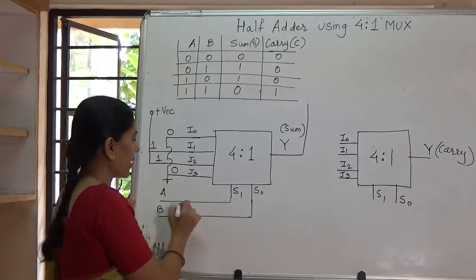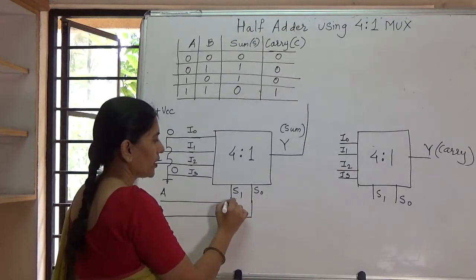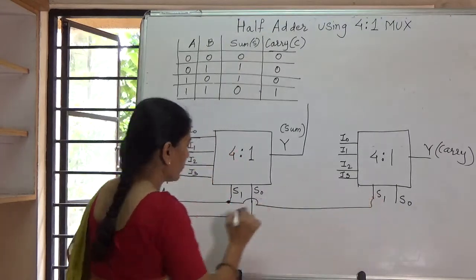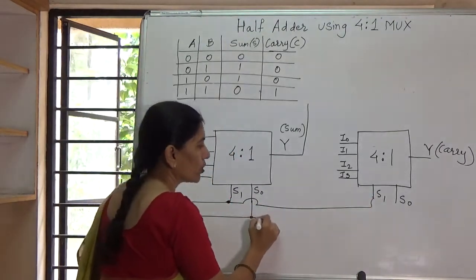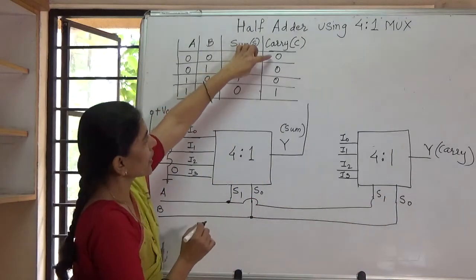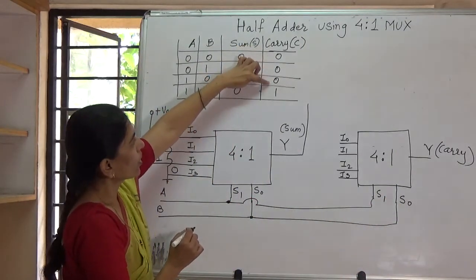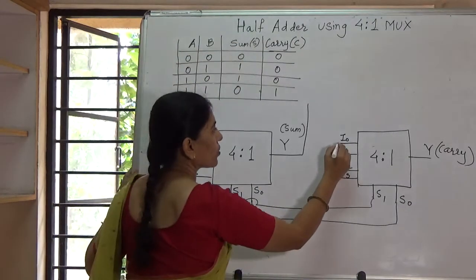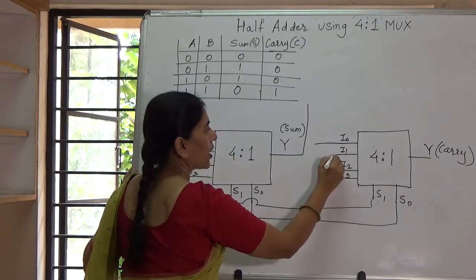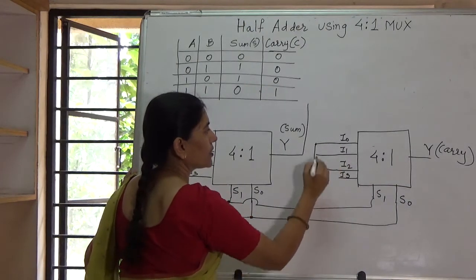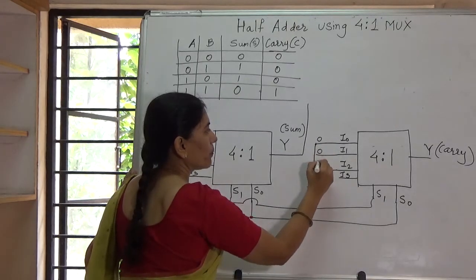The same connections are extended further, that is A is connected to S1 and B is connected to S0. We give the inputs corresponding to I0, I1, I2 as 0. These 3 inputs are connected together and they are grounded, so they mark a 0.